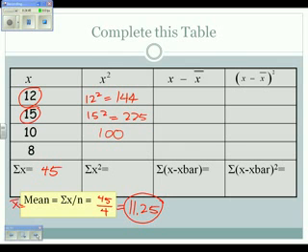And 8 squared is 64. And then because this says the sum of x squared, we're going to add this column, 144, 225, 100, and 64 all together, and that will give me 533. So, are there any questions about how to get these first two columns?